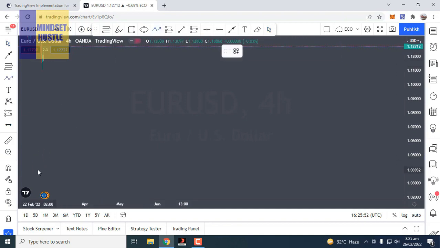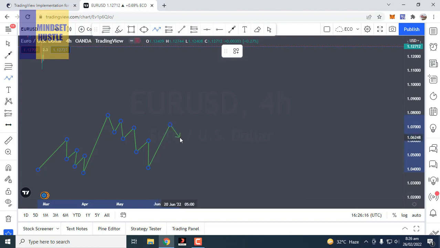So you can have this sort of movement. This is a more realistic way in which the market behaves.